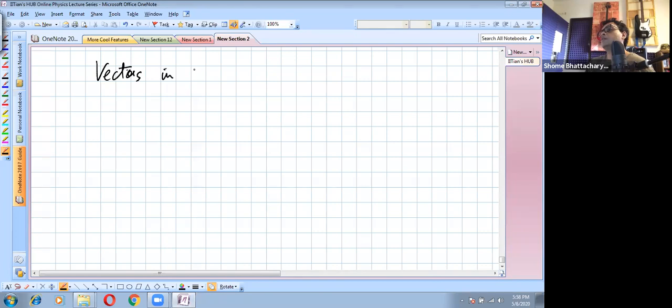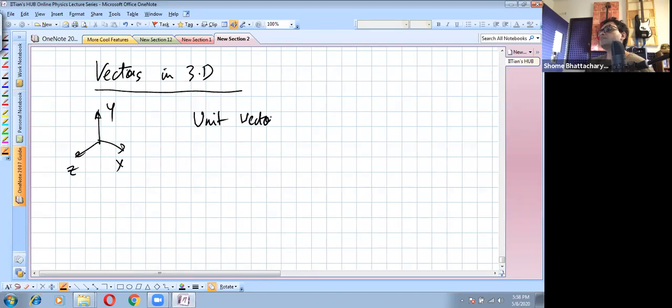So when we talk about vectors in 3D, the first thing is based on the XYZ coordinate frame. We define unit vectors, the base unit vectors, the standard unit vectors.